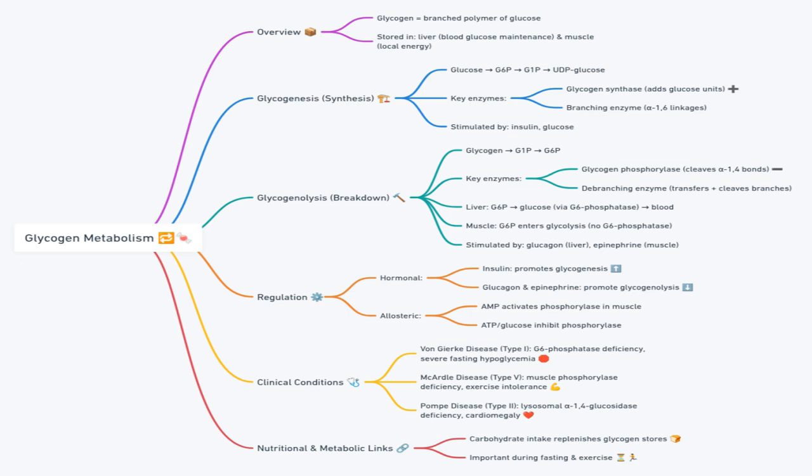So the limit dextrin cannot be further broken down by the phosphorylase, and then a new enzyme, the amylo 1,6 glucosidase, that is a debranching enzyme, comes in. So first it acts like the branching enzyme, but in reverse, transferring 3 residues to the linear 1,4 chain. And the remaining 1,6 bond is hydrolyzed by the same enzyme with water, yielding free glucose.